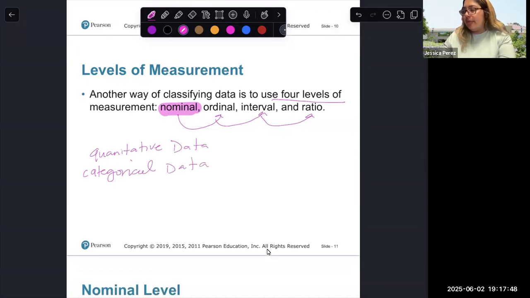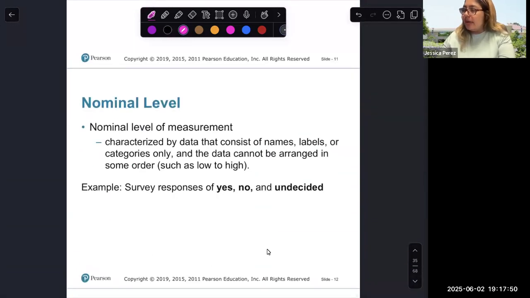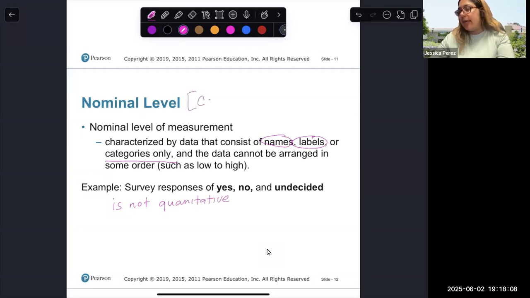The nominal level is mostly names, labels, and categories. For example, yes, no, and undecided would be a nominal level. Yes, no, or undecided is not quantitative. So the nominal level is more of a categorical data.